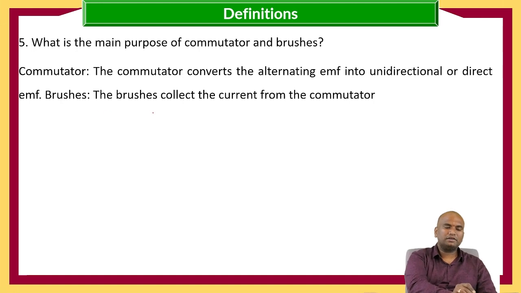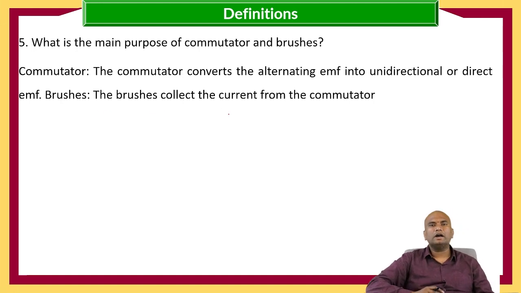And brushes are used to collect the current from the commutator. Brushes are the intermediate part between the generator and the output terminals, which collect the current from the commutator and give it to the load terminals.